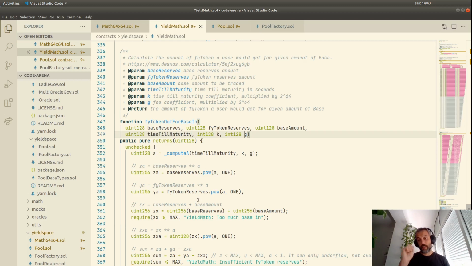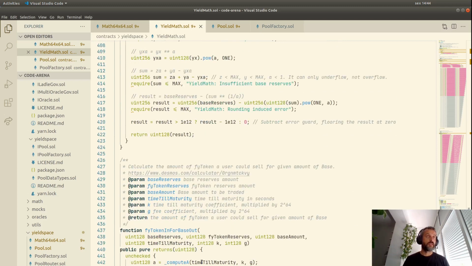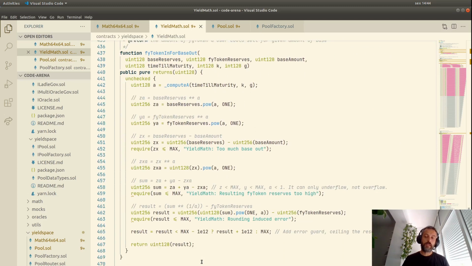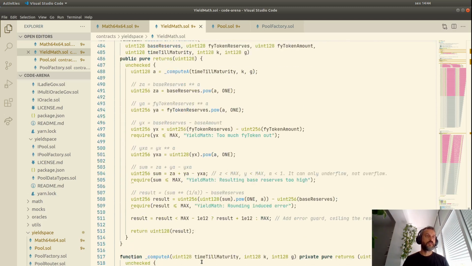And with that you say, I'm selling this much, these are the reserves, this is the time, and the library will tell you this is the other part of the trade. So you have the 4 functions here. They are all pretty similar, but they have those subtle differences that make them different.